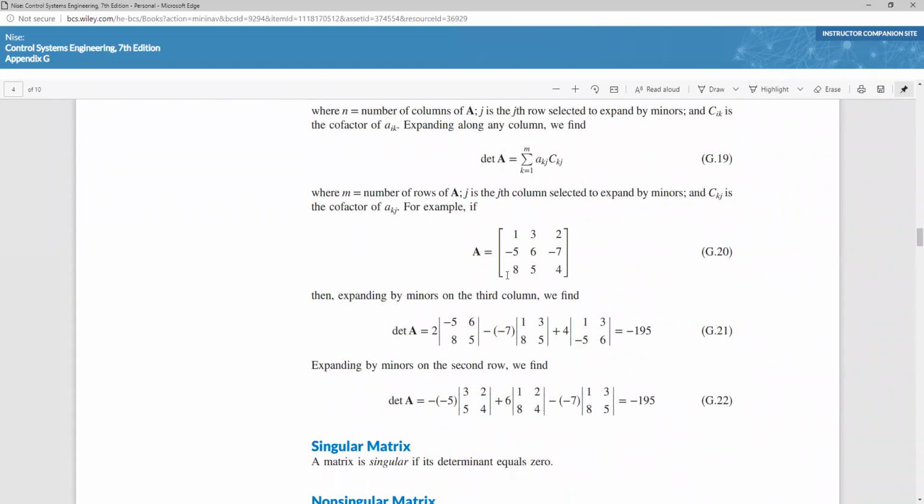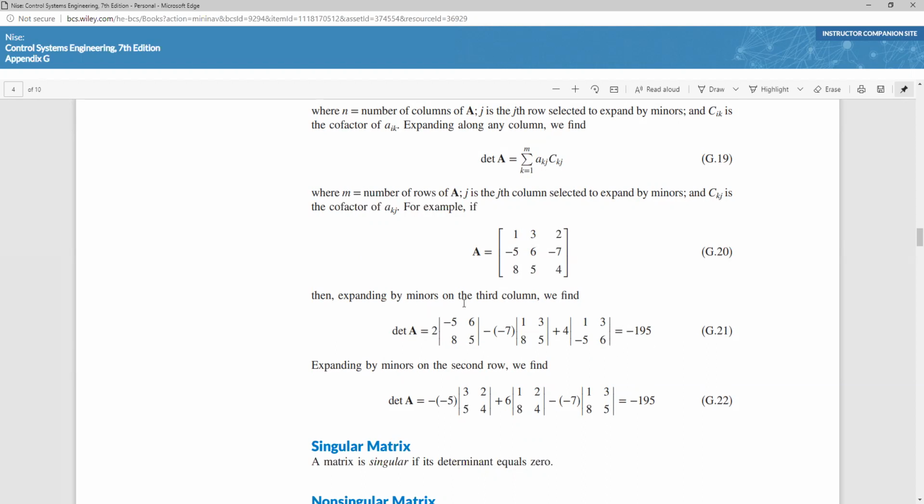So what is this? Let's say determinant of A. So at first 2 minus 5, 6, 8, 5. Then minus 7, 1385. Then 4, 13 minus 5, 6, minus 195.